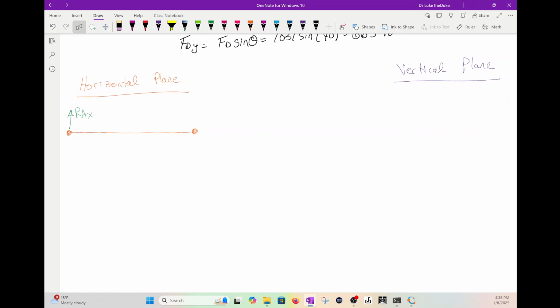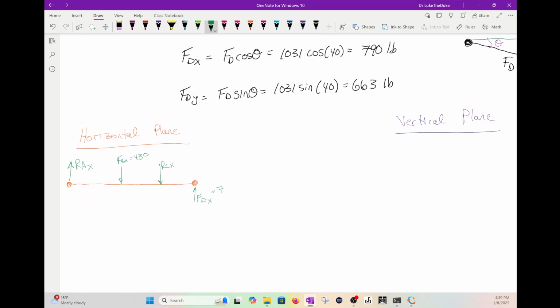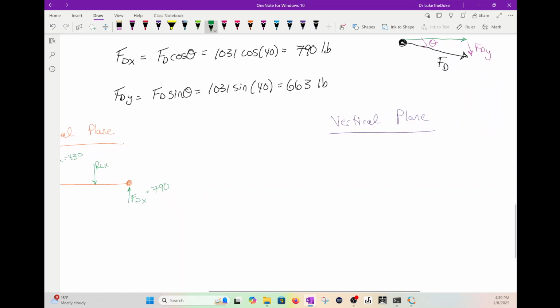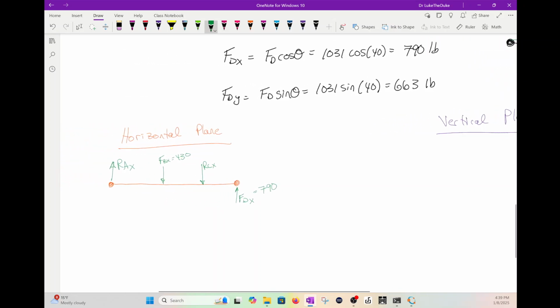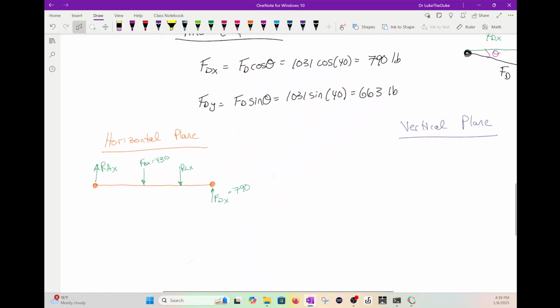Okay, so RAX. Then we have FBX, which is 430. We have our CX reaction, and then we also have FDX, which I just calculated as 790, because we're looking at it in the x direction.